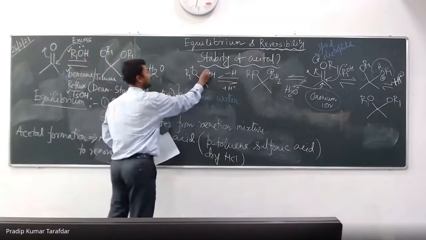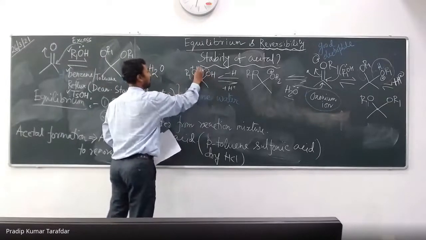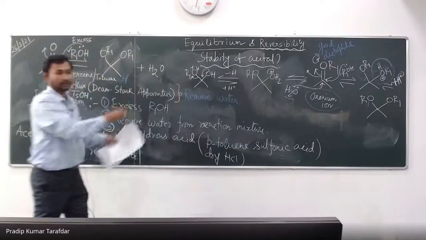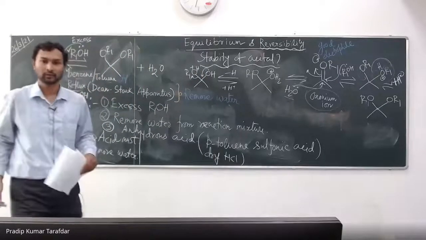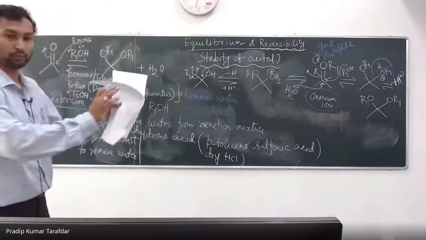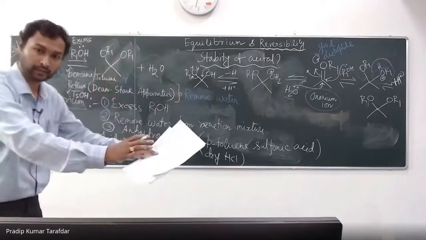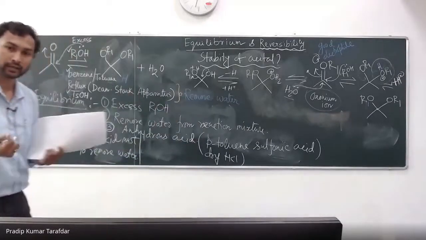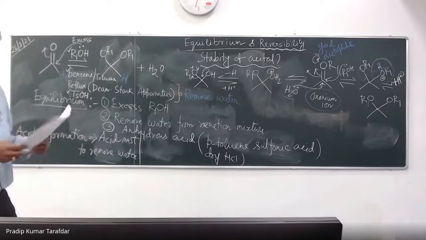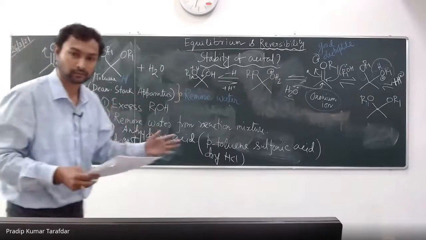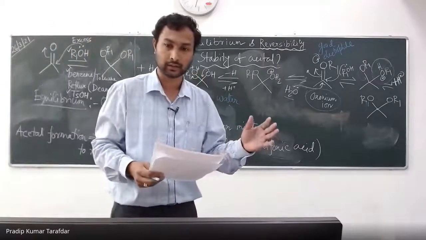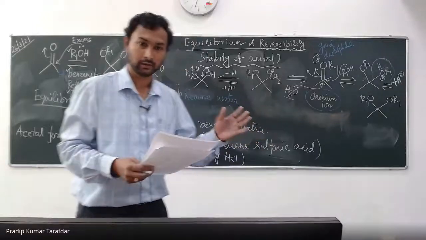Next this OH will come, this will be removed, and subsequently you should get your ketone. So the forward reaction has the same mechanism, and the backward reaction also has the same mechanism. Principle of microscopic reversibility.